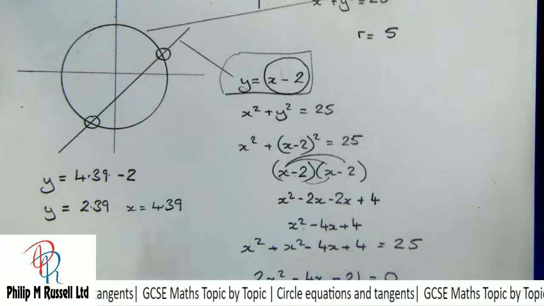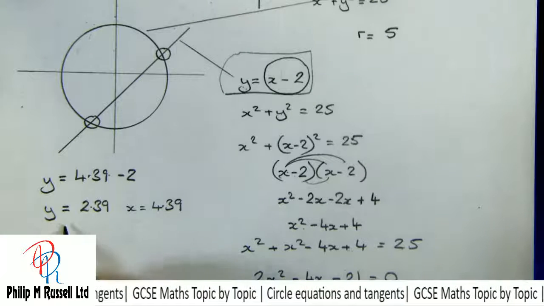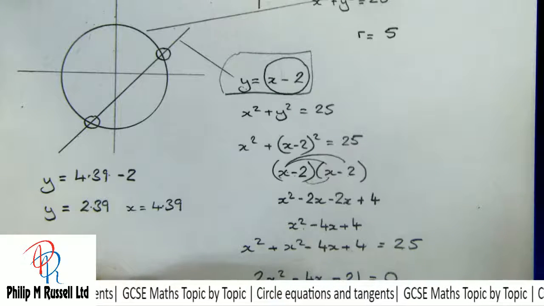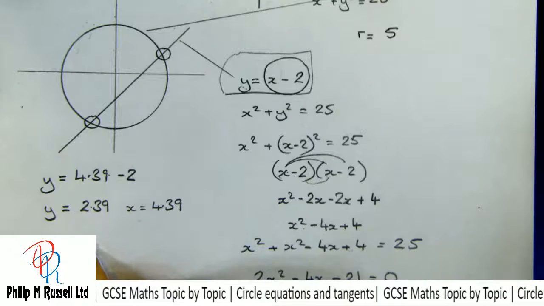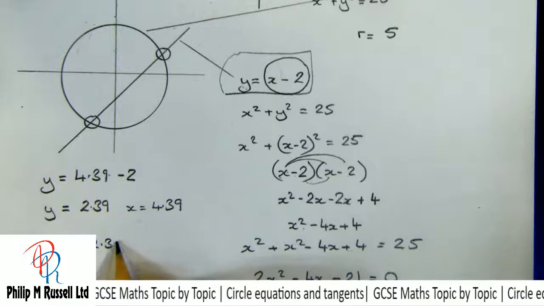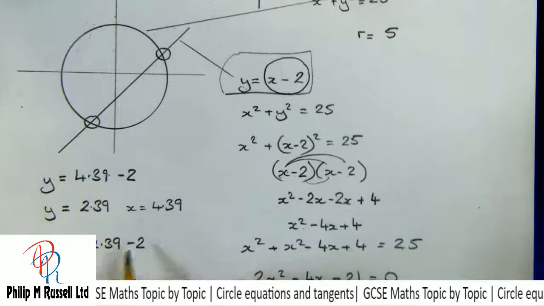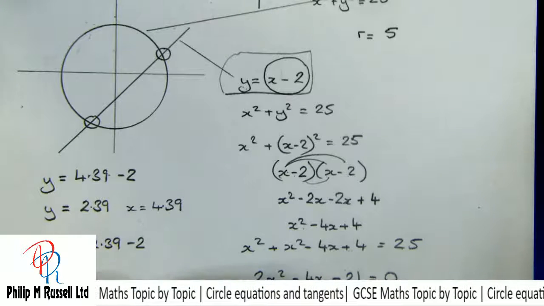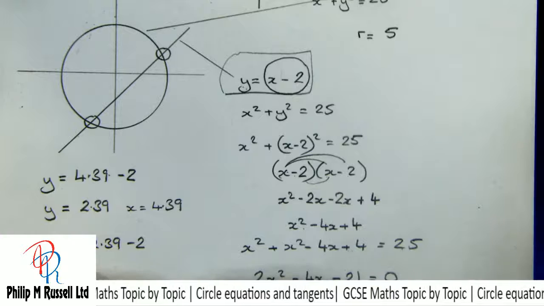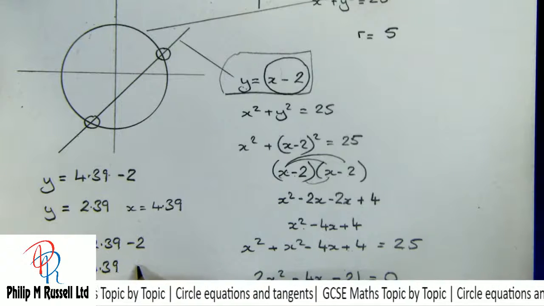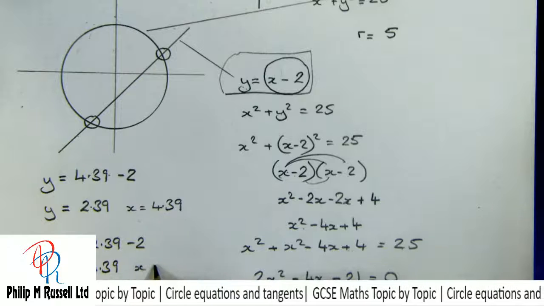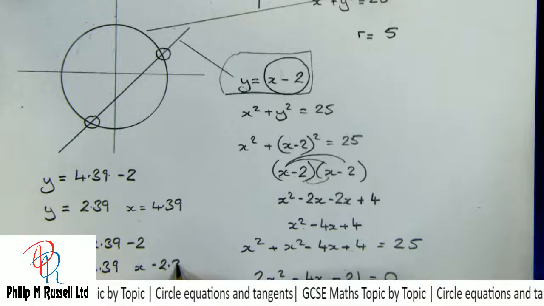And the other one that we can do, we can work out y equals minus 2.39 minus 2, which is going to give me a y value of minus 4.39 when x is minus 2.39.